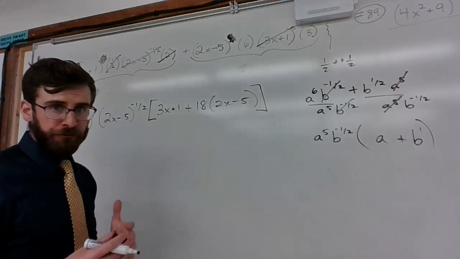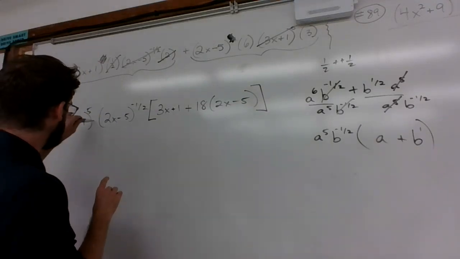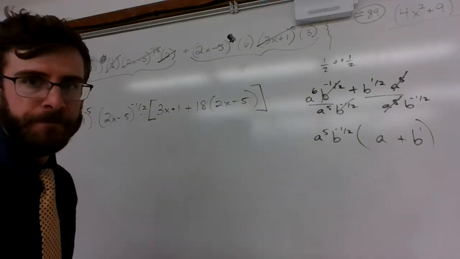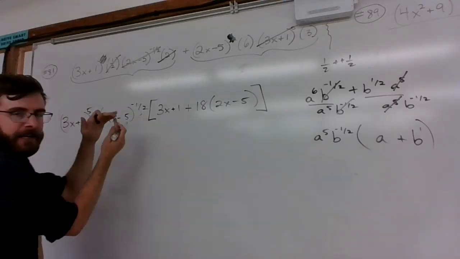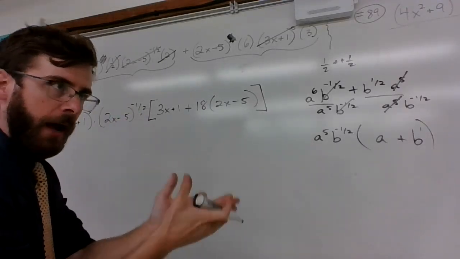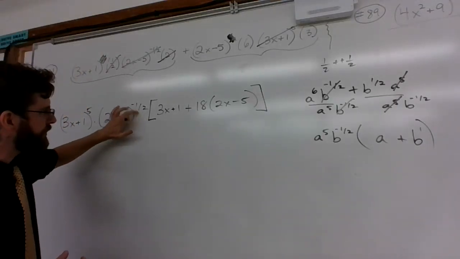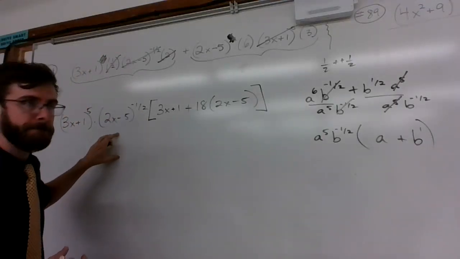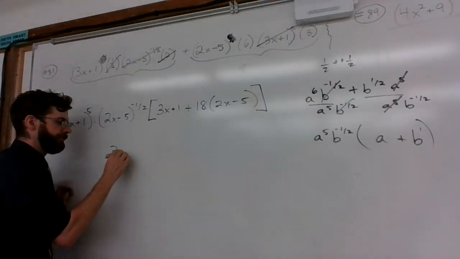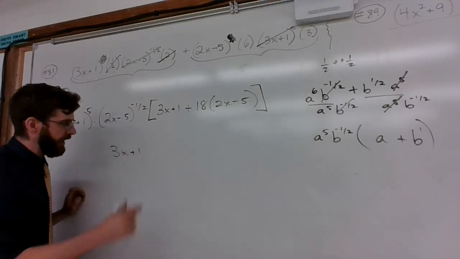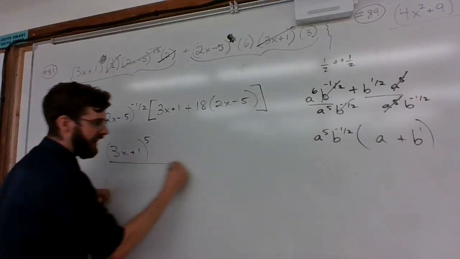So now, moving forward with what we see here, it's basically a string of products. The negative exponent can now occupy the denominator of the fraction, with the negative 1/2 exponent. 3x plus 1 to the 5th power stays on the top of the fraction.